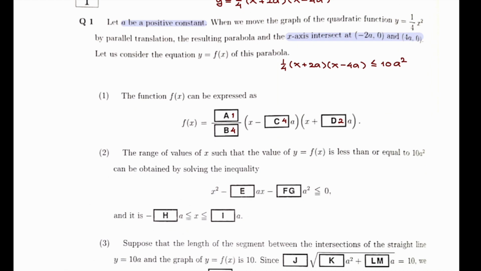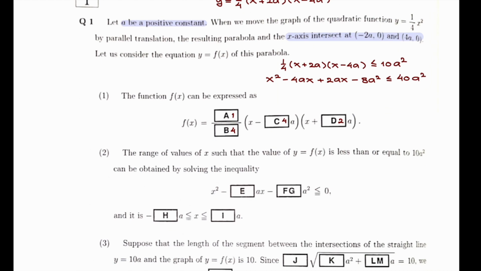If I expand the brackets here, I will obtain x squared minus 4ax plus 2ax minus 8a squared less than or equal to 40a squared.